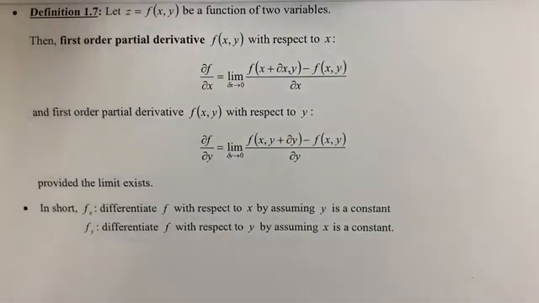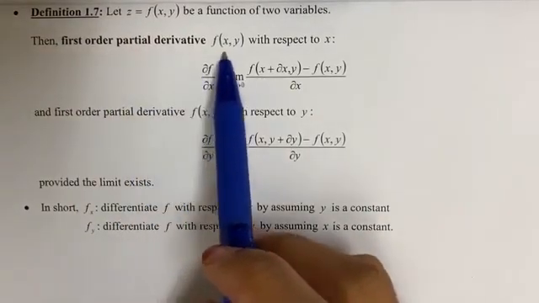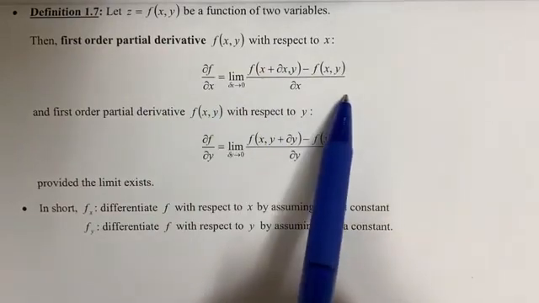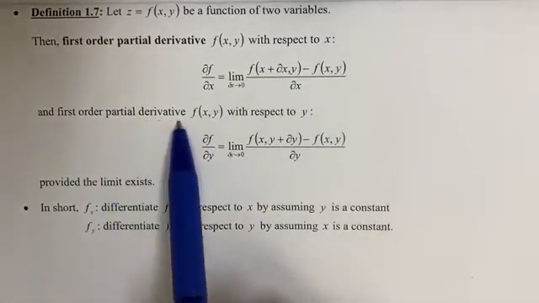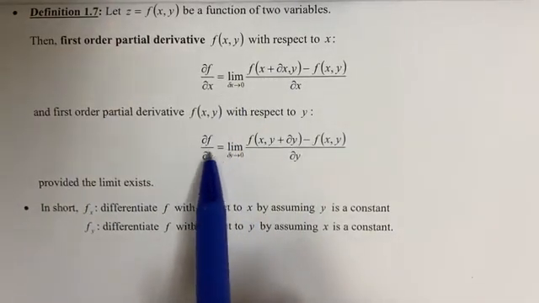So definition 1.7 says that let z equal to f(x,y) be a function of two variables. Then the first order partial derivative f(x,y) with respect to x is given by this limit form. And the first order partial derivative with respect to y is del f over del y.